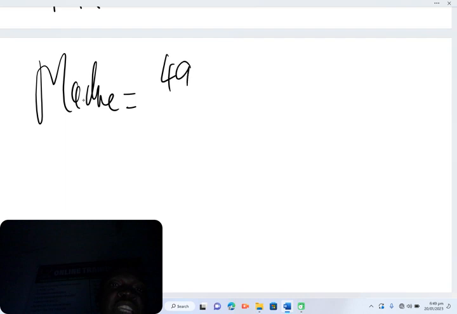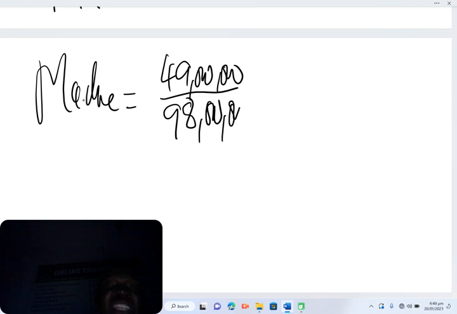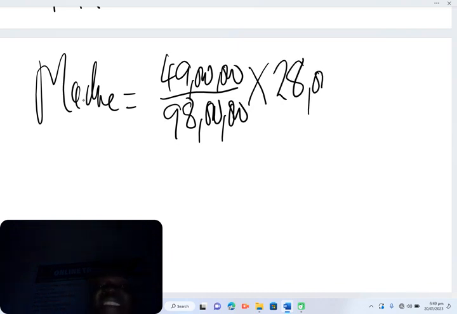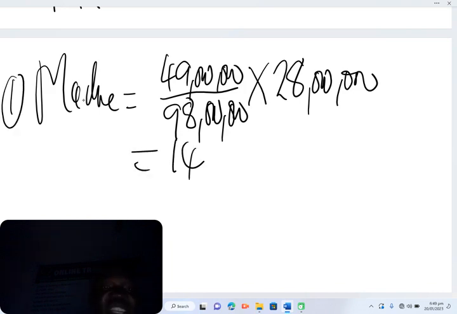So for the machine, you take 49 million divided by 98 million, and you multiply now by the total impairment, which is 28. What is the figure there? 14. Is it 14? Good news. So impairment of the machine is 14 million.